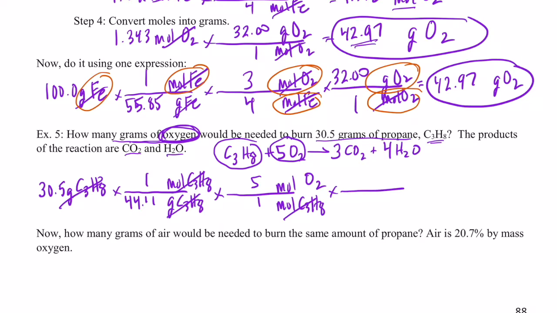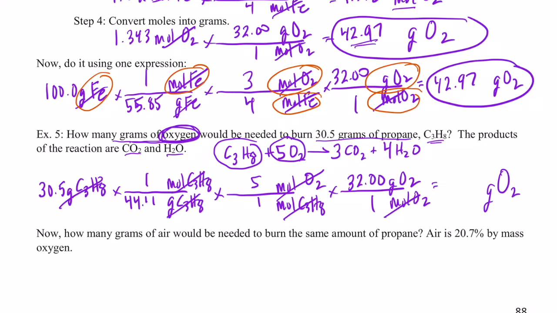And our last step is to go from moles of oxygen to grams of oxygen. And 1 mole of oxygen is 32.00 grams. You've probably memorized that because we use it so much, haven't you? So moles of O2 are gone, and we're left with our answer, which is grams of O2.